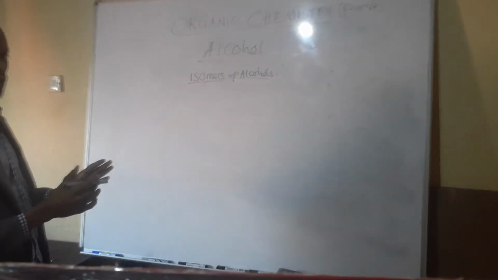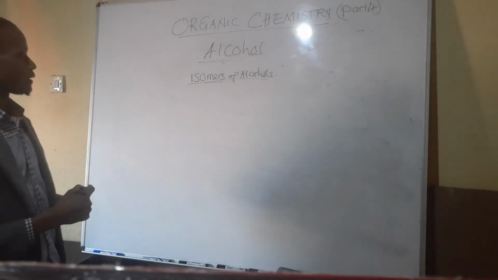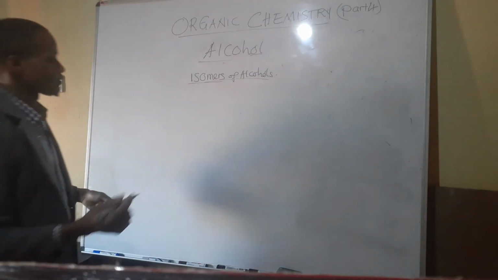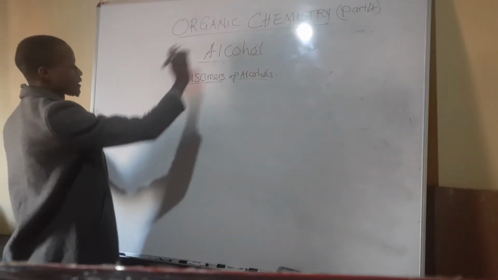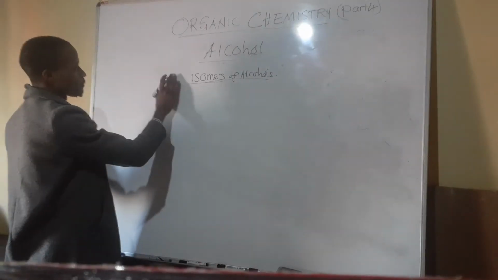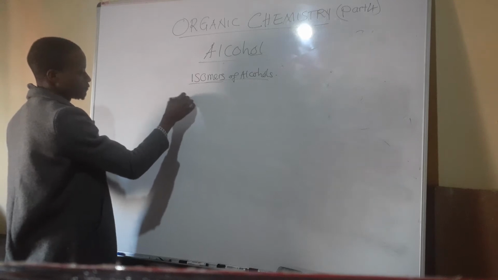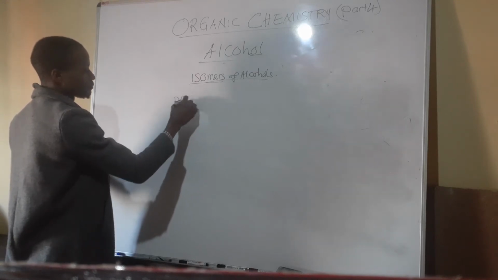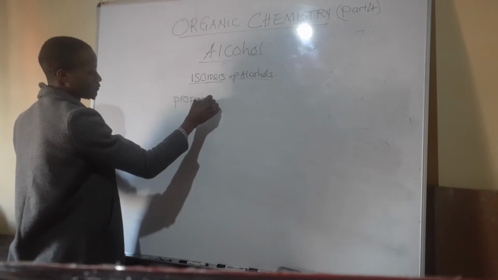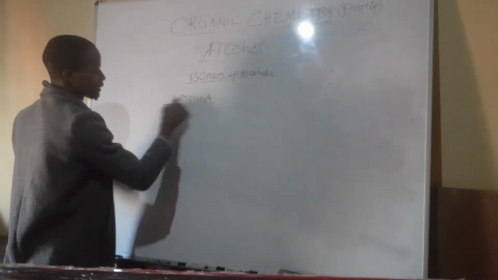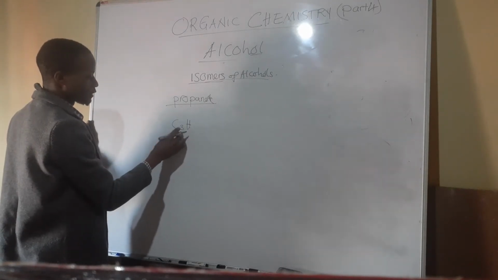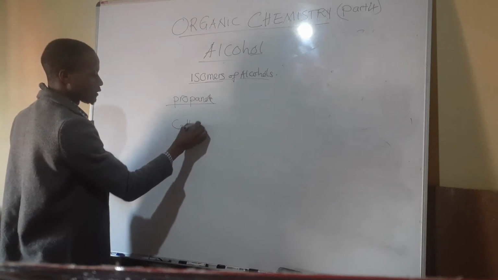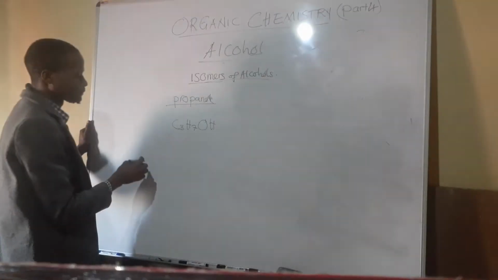Now, when looking at isomerism of alcohols, it also involves the change of position of an alcohol. So we start with the propanol. I want to start with propanol, of which the molecular formula is C3H7OH.